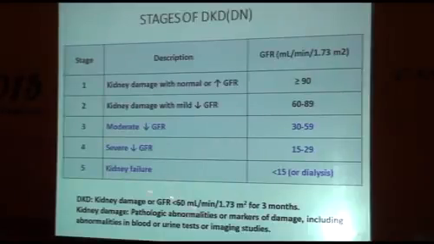So we know this definition of DKD, which corresponds to kidney damage or a GFR less than 60 for at least 3 months. The kidney damage refers to pathological abnormalities or markers of kidney damage, which includes abnormalities in blood or urine tests or imaging studies.